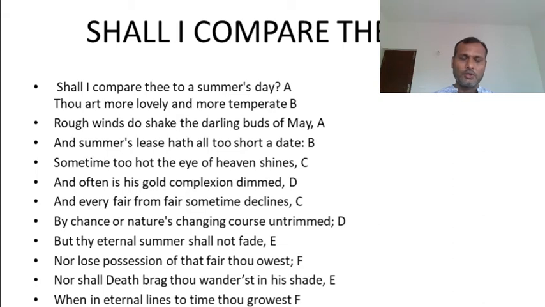And the last two lines of a Shakespearean sonnet, as you already know, are called a couplet. Couple means pair. So the two lines are called a couplet. Here in the couplet, in the 13th line, the last word is "see." "So long as men can breathe or eyes can see." And the last word of the 14th line is "thee."